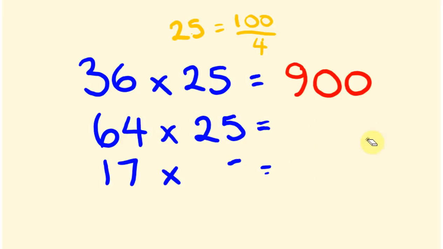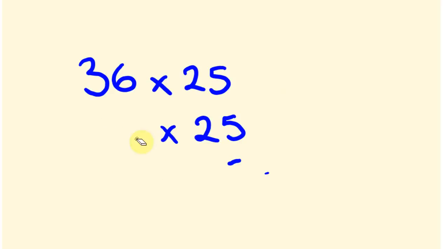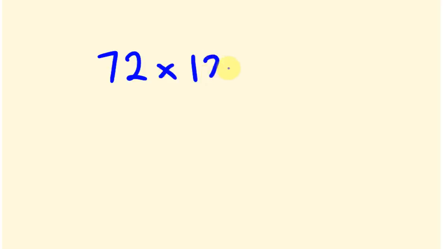Okay, what about the last part now, which I said we're going to cover, which is as follows. Say we were looking at now multiplying a number by 125. Say we had 72 times 125.